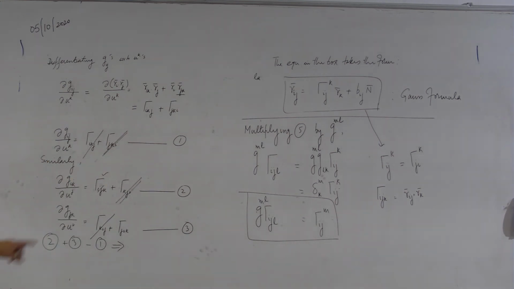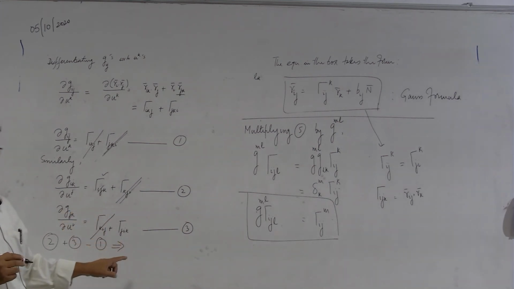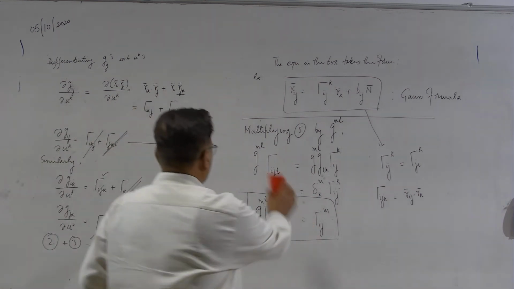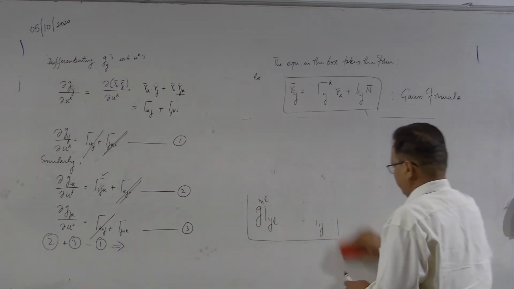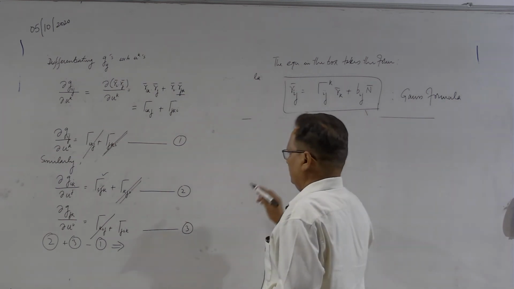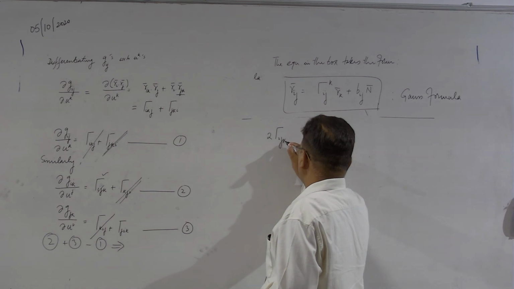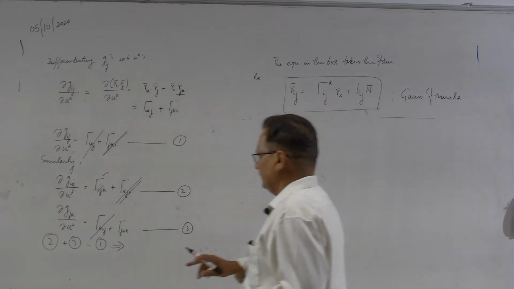Now [ij,k] and [ji,k] are the same, so I will write this as 2 times [ij,k]. So 2 times [ij,k] is equal to what is left. These two are added.